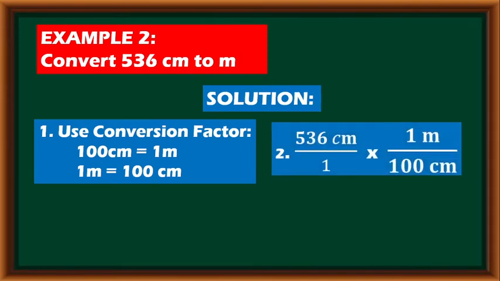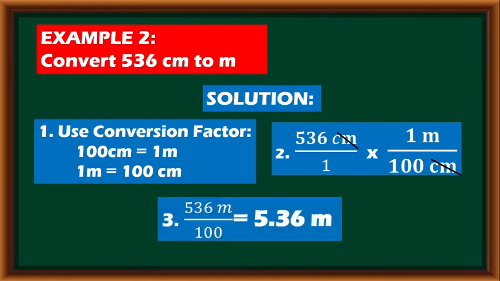Second solution, 536 centimeter over 1 multiplied by, the centimeter should be under the denominator. Kaya ang ginamit natin is 1 meter over 100 centimeter because the given unit should always be cancelled out. So remaining now is 536 times 1 meter over 100, or that is 536 divided by 100.